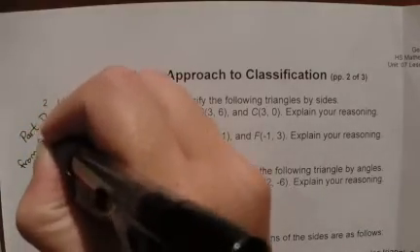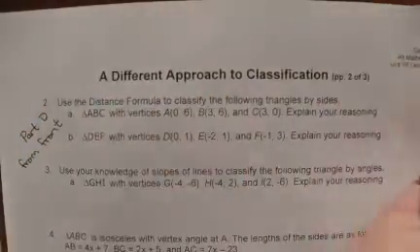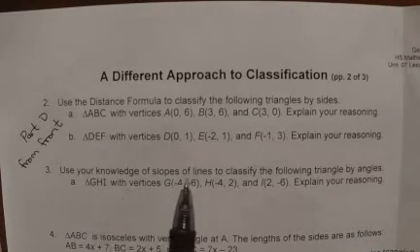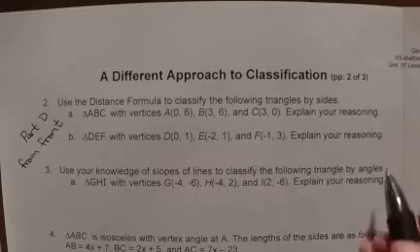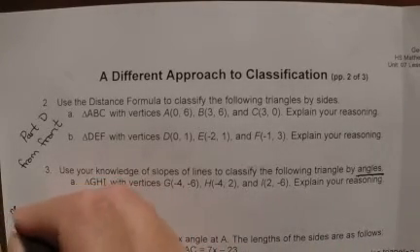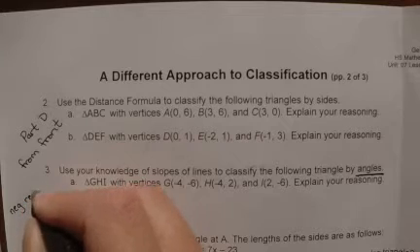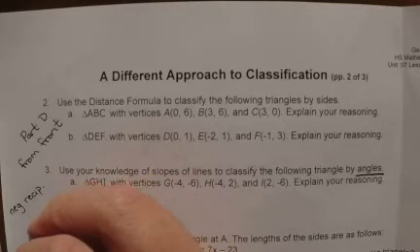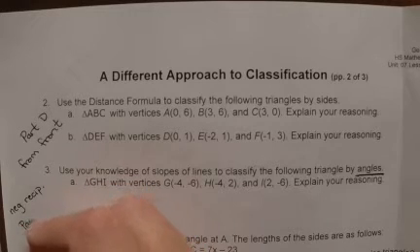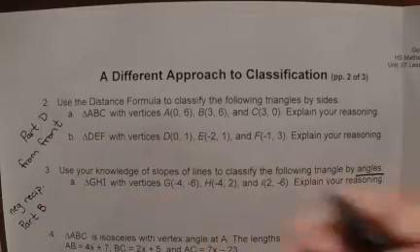You're going to use that distance formula that I wrote down. Then 3, use your knowledge of slopes of lines to classify by angles. So again, remember you're looking for negative reciprocals. And again, that's exactly like part B, not number B, from the front.